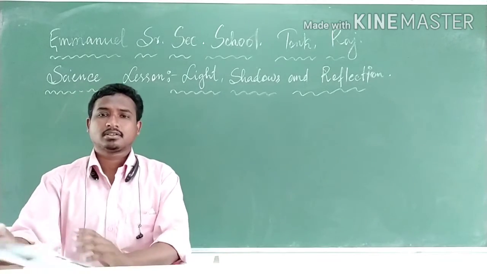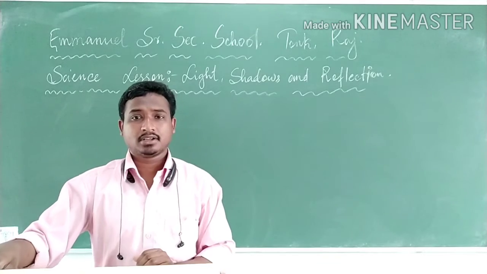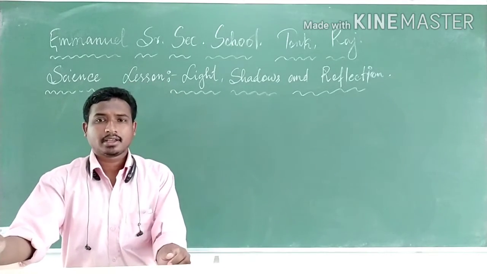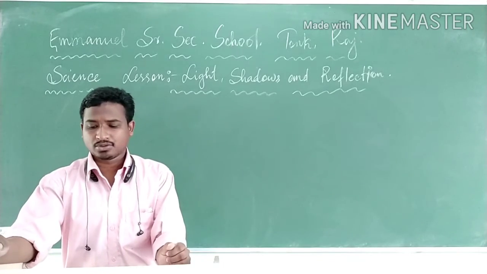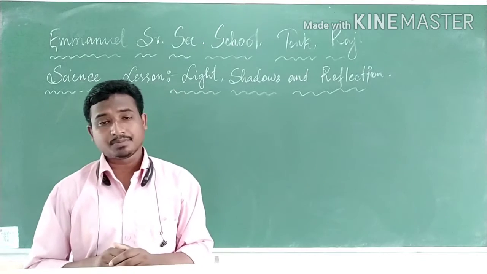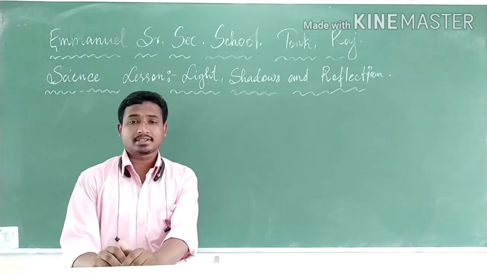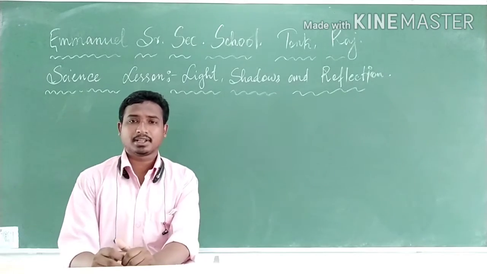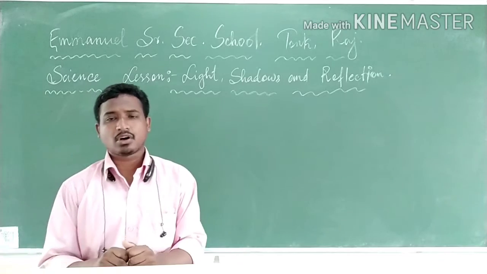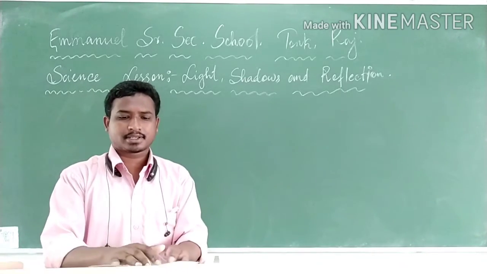So what are the sources of light? That means those through which light comes. Those things or objects which emit light of their own, for example the electric bulb or the sun, are said to be luminous.